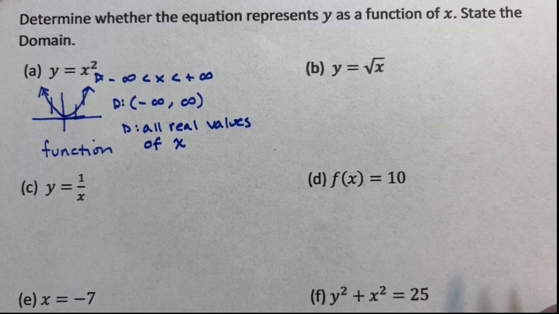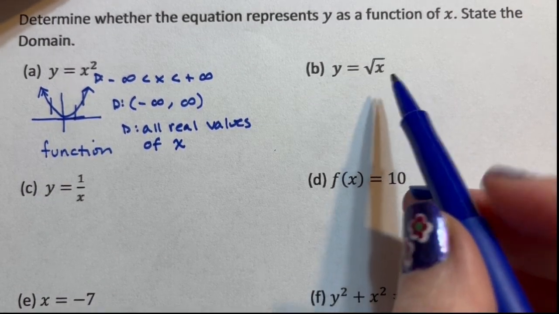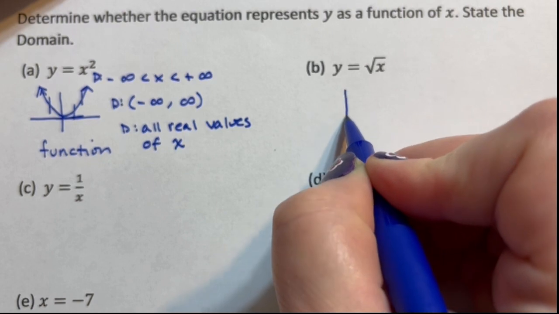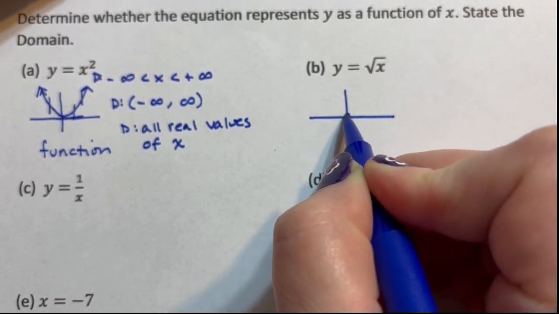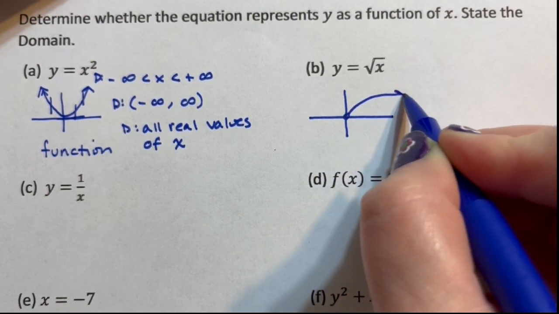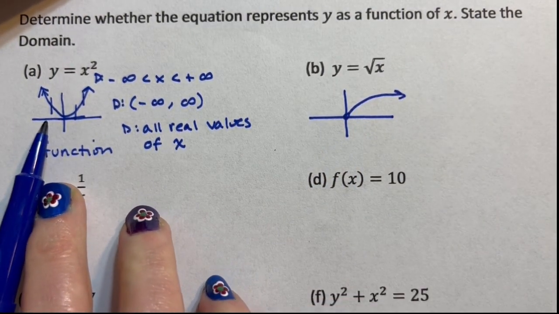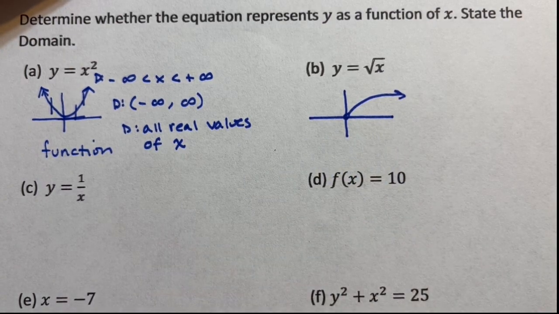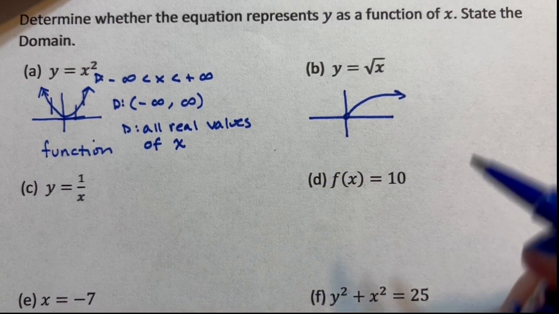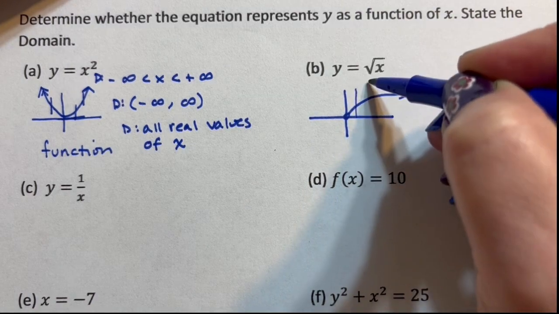Okay, for this next one, if we look at the graph of the square root of x, it starts at the origin and it looks like this parabola fell over. And the bottom half that got buried, we can't see anymore. So is this a function if we looked at that vertical line test?